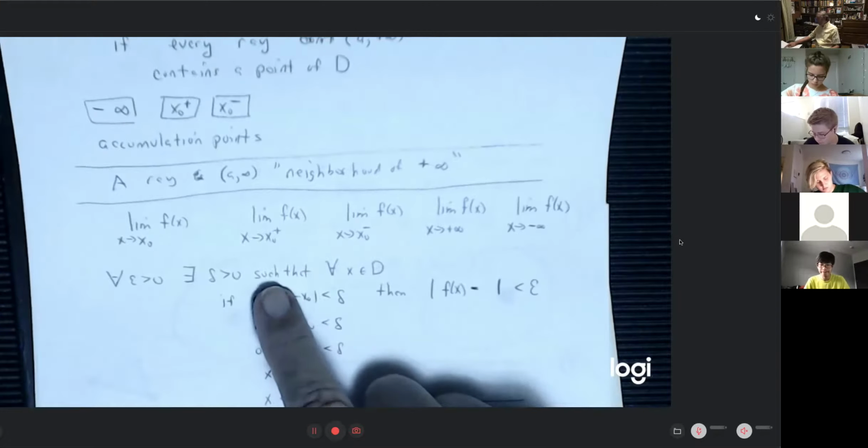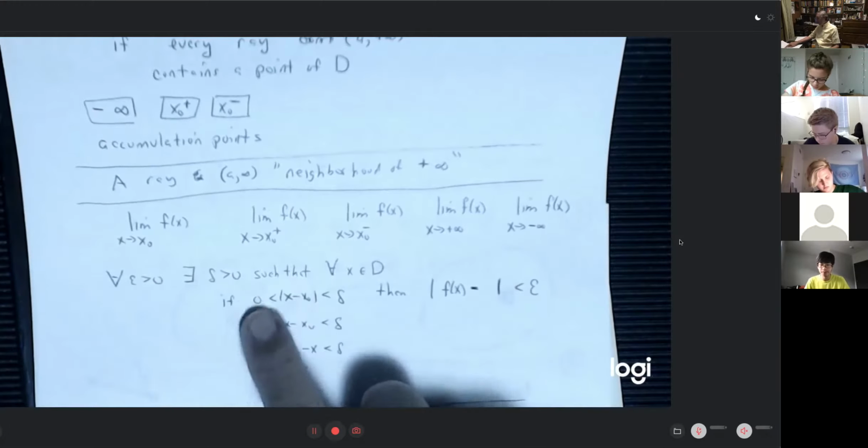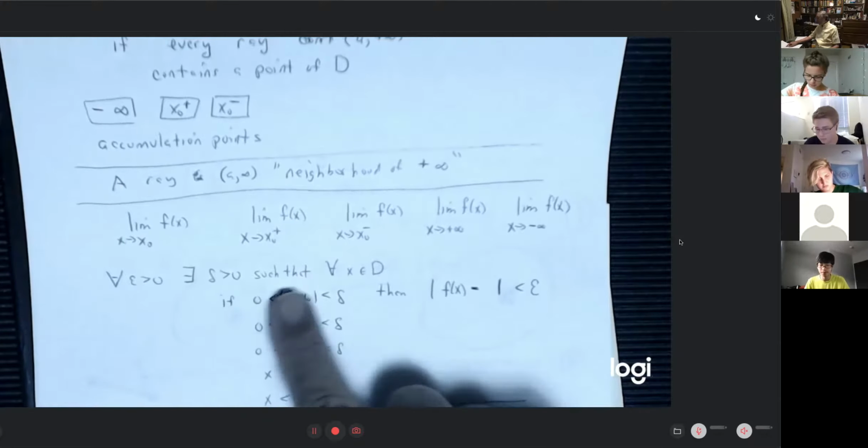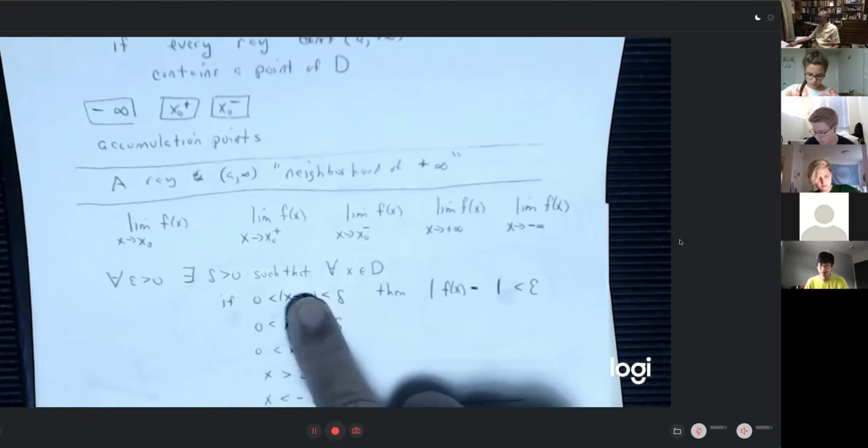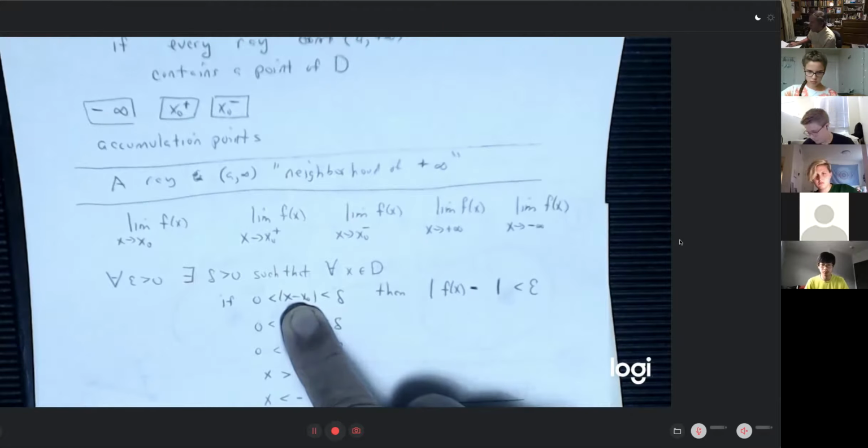But what we do in this definition, now I'm going to repeat it: for every epsilon there's a delta such that for anything in the domain, if then. Now, the if part is what we are changing. The thing I have my finger under right now is the thing you supposedly already learned. This says x is close to x naught. It's a distance less than delta between them.